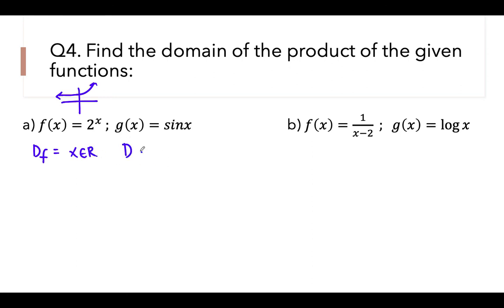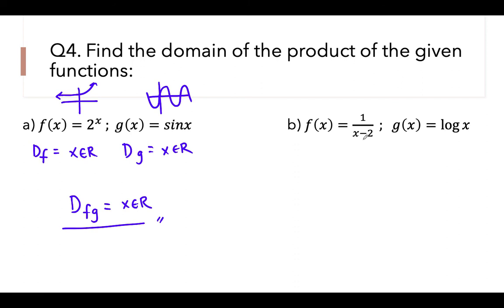For the domain of function g, it's sinusoidal. Sinusoidal continues forever and ever, right? So x can be any real number. Therefore, the domain of f times g is x can be any real number.